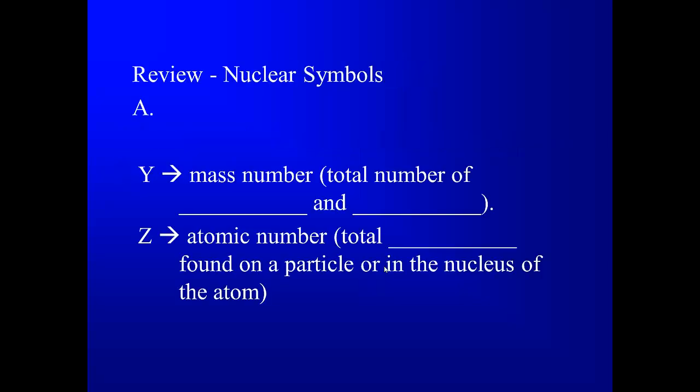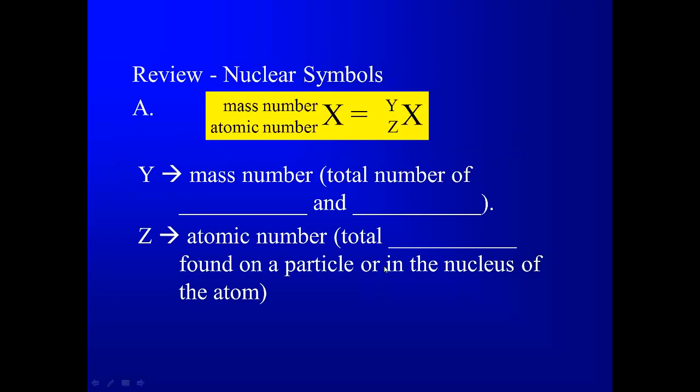Okay, so a quick review. Hopefully this is review, because remember this will potentially be on that test in the CA. When we're looking at this, remember the mass number is the number on top. The atomic number is the bottom number. Your mass number is the total of protons and neutrons, and your atomic number is just the total protons.